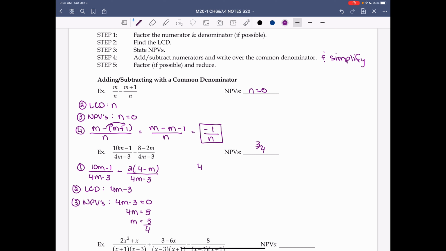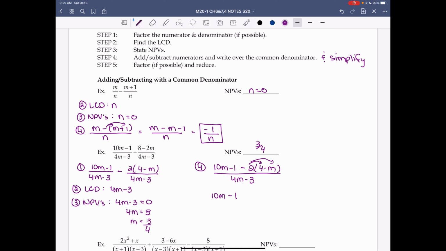Step 4, we want to write them in one fraction. We have a common denominator already, so 10m minus 1 minus 2 times 4 minus m over 4m minus 3. We're going to simplify, multiply the negative 2 into the brackets. We get 10m minus 1.